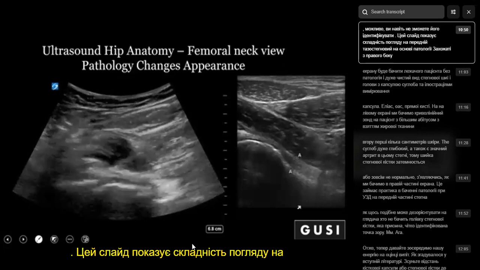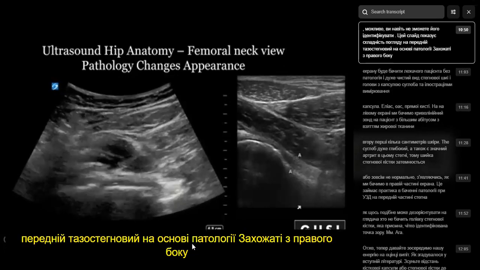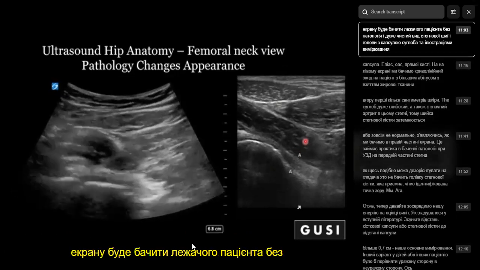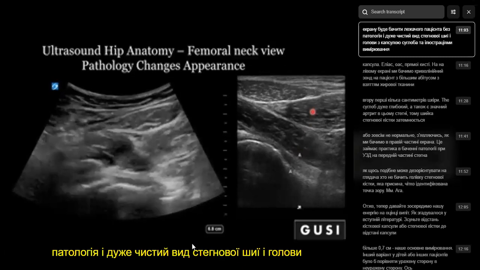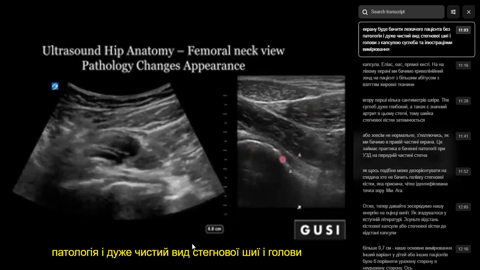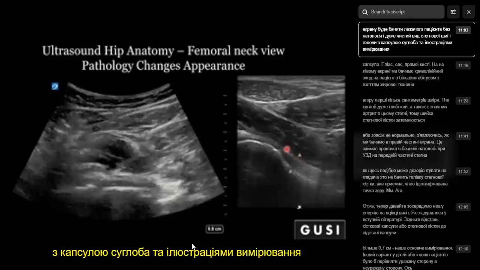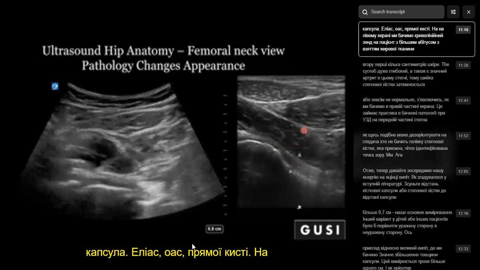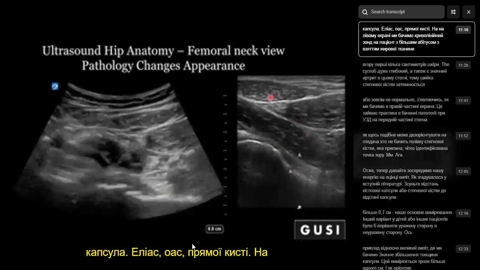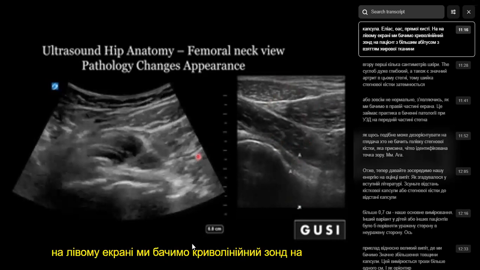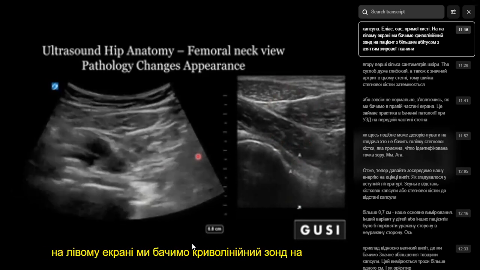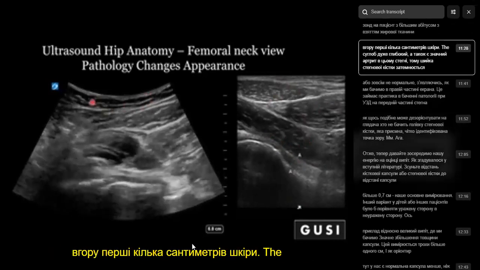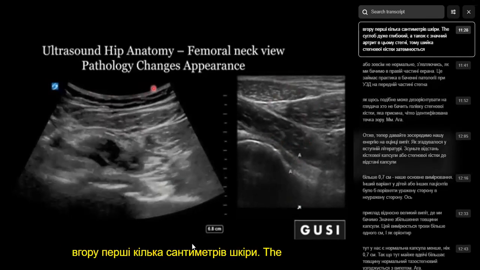This slide shows the complexity of looking at the anterior hip based on pathology and habitus. On the right side of the screen, we'll see a lean patient with no pathology and a very clean femoral neck and head view with the joint capsule and the illustrations of measuring the capsule, iliopsoas, rectus, sartorius. On the left screen, we see a curvilinear probe on a patient with a larger habitus, with adipose tissue taking up the first several centimeters of the skin.